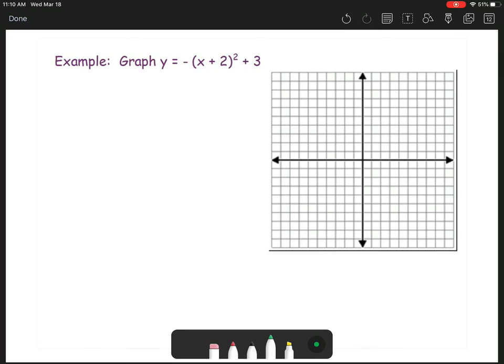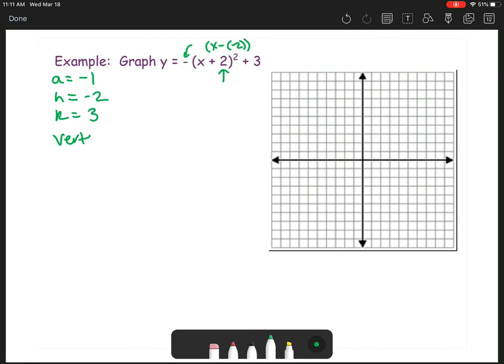But here's our first one. We're going to, as always, identify the things we know. We know that a is -1 right there with that minus sign out front. H is -2 because right inside here, remember that is x minus the -2, as we learned in our formula, and then k is 3.